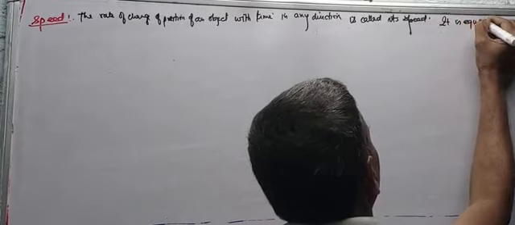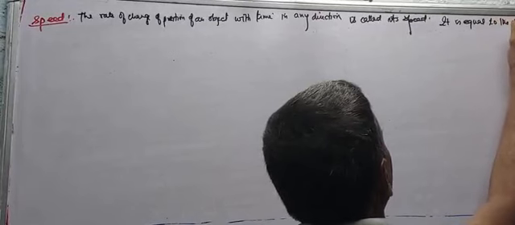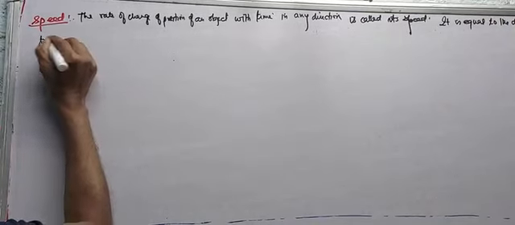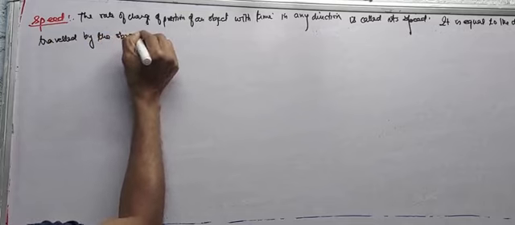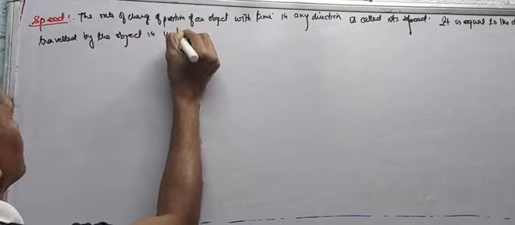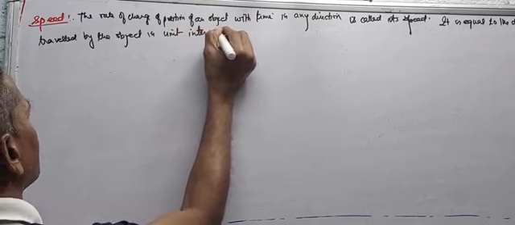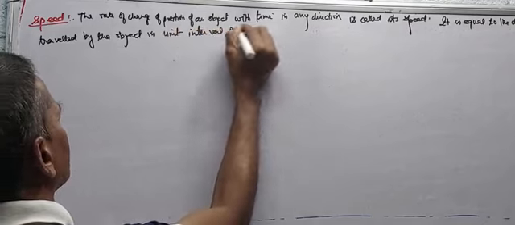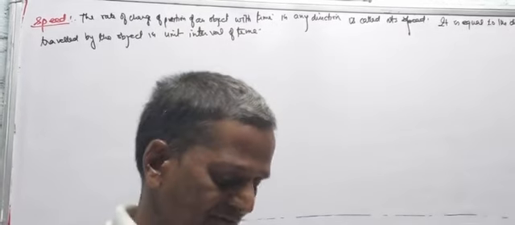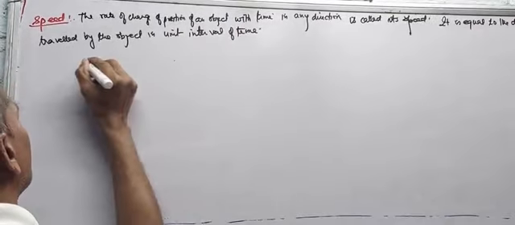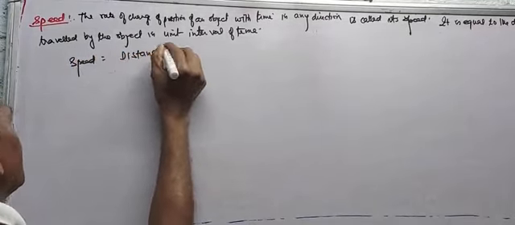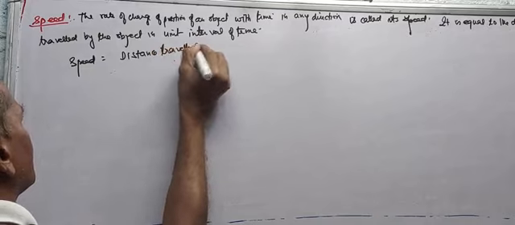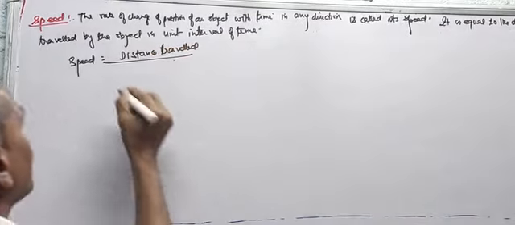In formula form, speed equals distance traveled upon time taken.